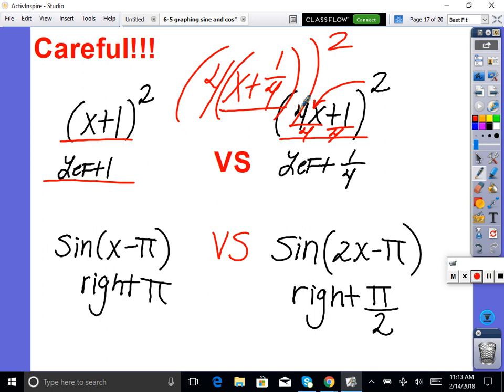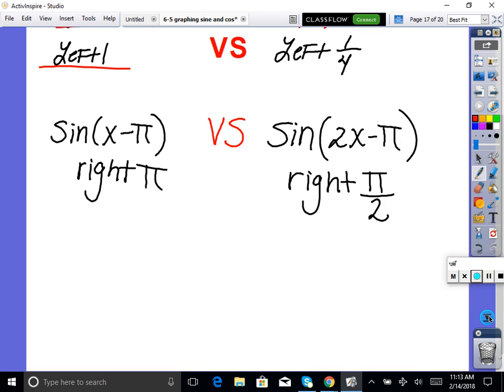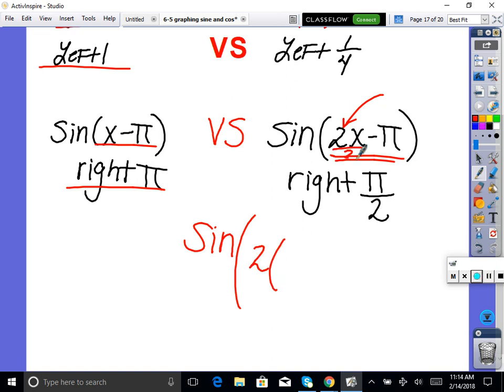Okay, cool. So right here, if I said to you, what are the shifts? You would say right pi, and you would be correct. However, what we see on the test most is people say right pi when there's a 2. We've got to pull out a 2. Don't just pull it out. You would go like this: sine of 2, divide by 2, divide by 2. So then it's x minus pi halves.